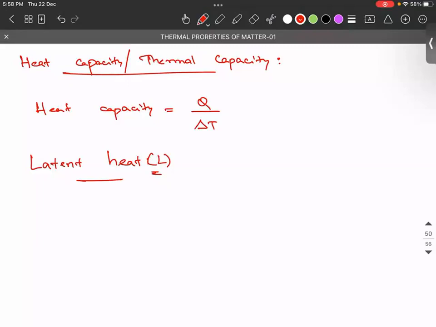It is the amount of heat required to change the phase of unit mass of a substance from one form to another.